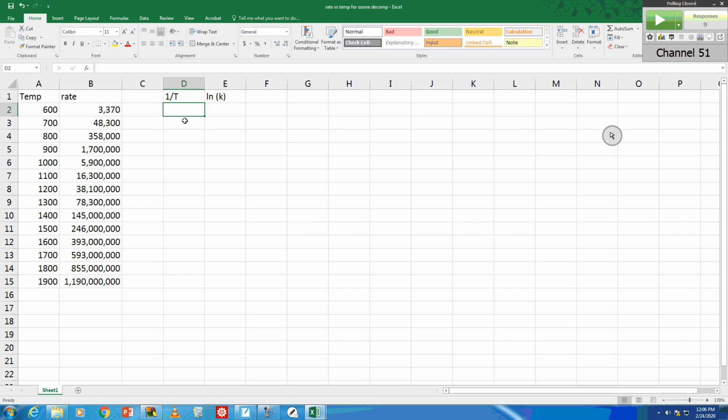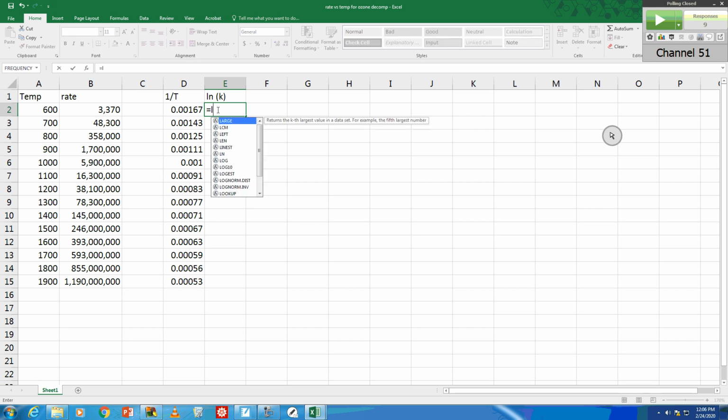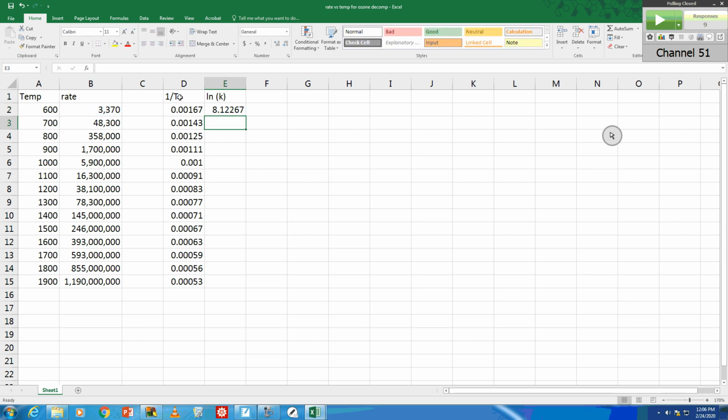So to come up with those values, I just take 1 divided by the value for the temperature. So it's A2. And the good thing about Excel is if I drag that function down, it repeats that calculation. So this is 1 over A3, 1 over A4, etc. And then on this column, I want to make the natural log, so equals ln, parentheses, the rate constant, close parentheses, enter, and it gives me this number.